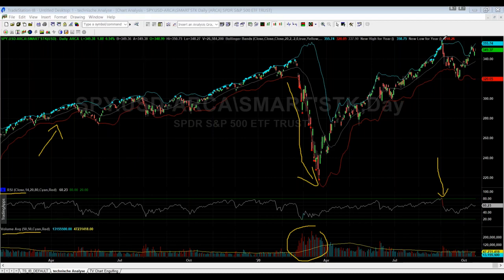So RSI, pretty simple. We have here overbought, or here as well in the middle of March, oversold. What, in this example, particularly matches with the correction. Here it was a little bit earlier.